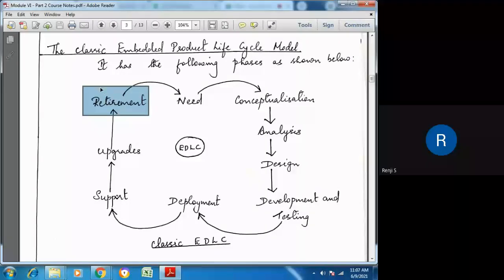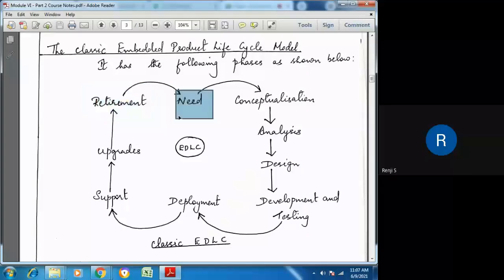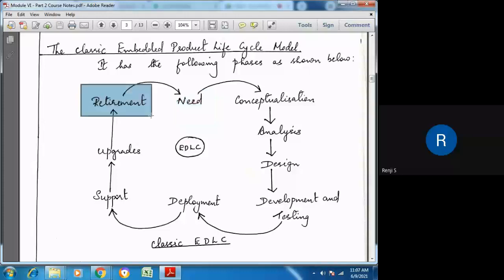After retirement, again the next need arises, a need for another product. One product may become outdated, but using a different technology, the same product can emerge again. So the need for that arises again, and again it goes to conceptualization, then analysis, design, etc. And this cycle continues. When the product becomes obsolete, it is removed from the market.